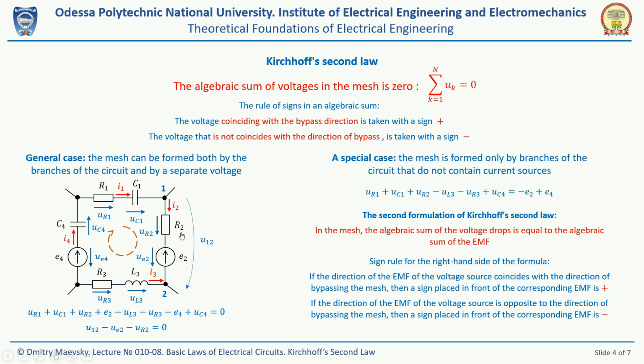Voltage on resistor number 2 coincides with the bypass direction. We have a plus sign in our equation.